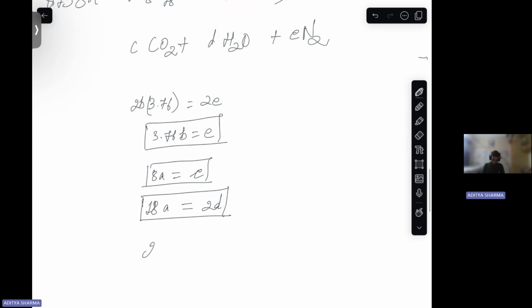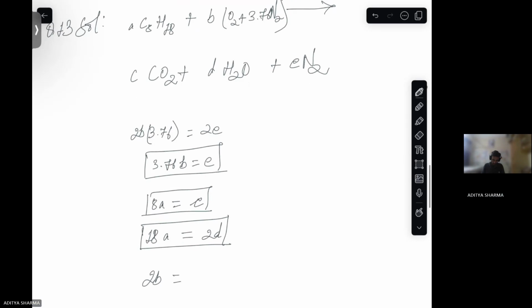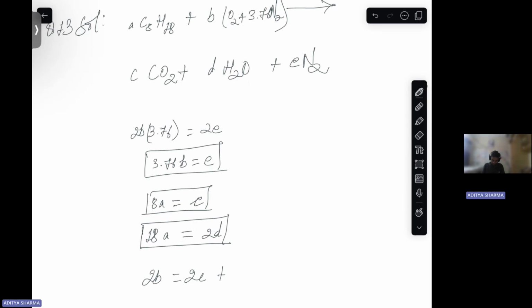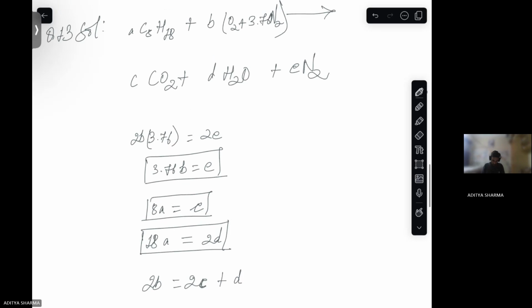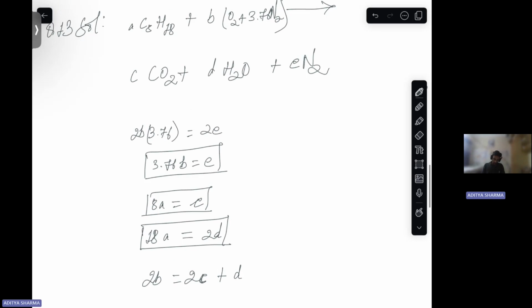So oxygen says that 2B equals 2C plus D. So A we have taken here as 1. So what will this become? C will become 8, and D will become 9.